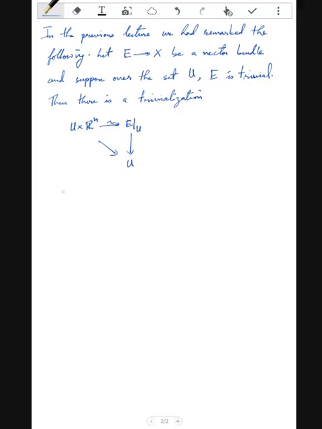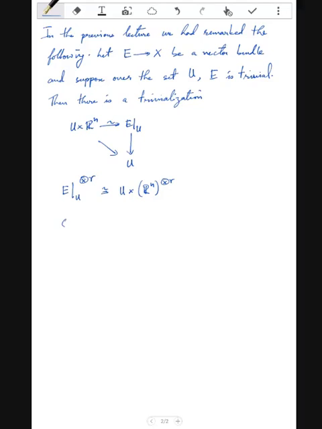So the remark was that, when I take the bundle E restricted to U tensor r, this is isomorphic to U cross Rn tensor r.